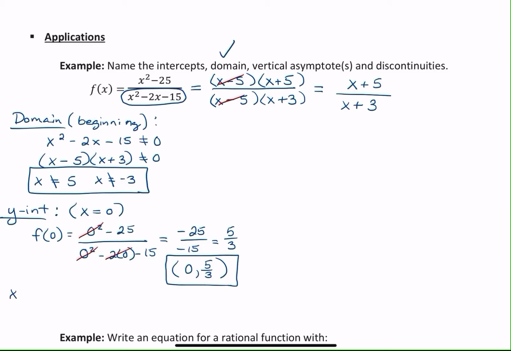And then your x-intercepts, remember in the earlier section, you just have to set the top equal to 0. And you can actually just set the simplified version, the x plus 5 from the top, equal to 0.